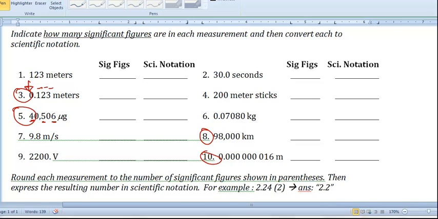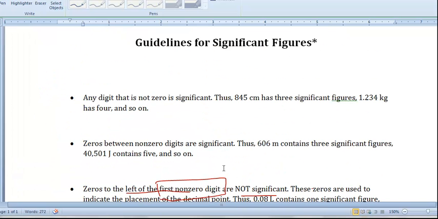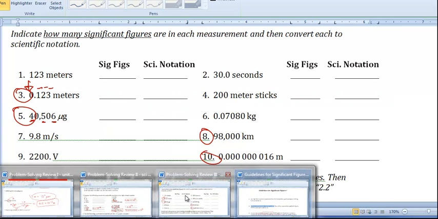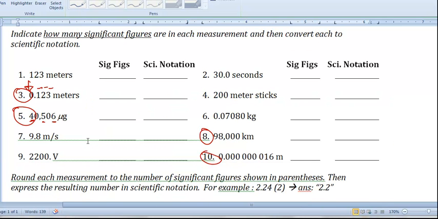And according to the guidelines, if you look at the first one, any digit that is not 0 is significant. So you can always count on that. Then, if you look at rule number 2, zeros between non-zero digits are significant. So that means that this 0 and this 0 are significant.